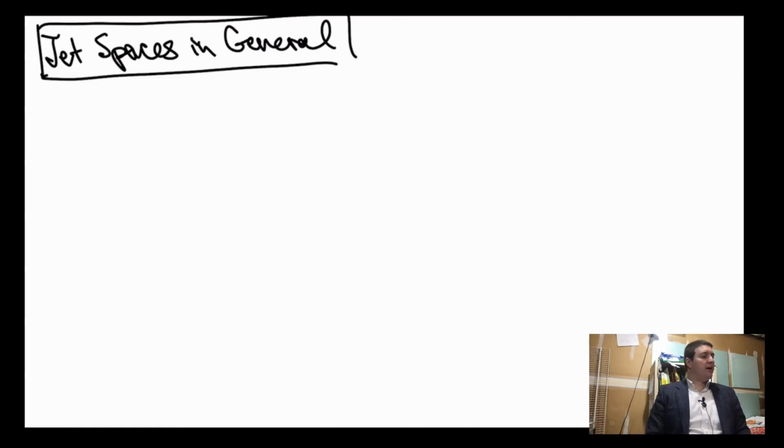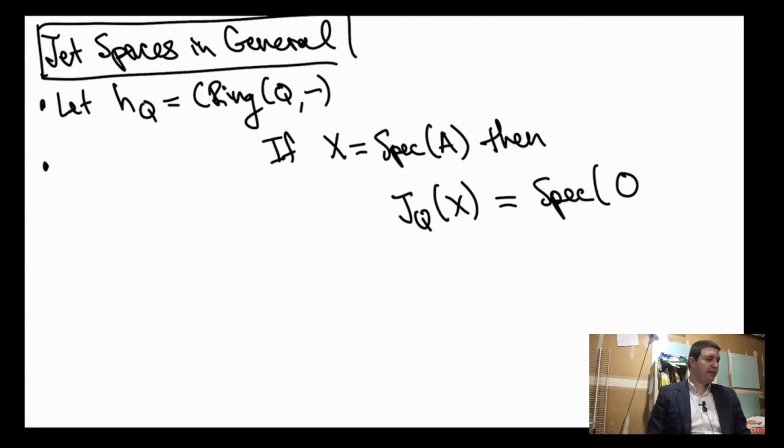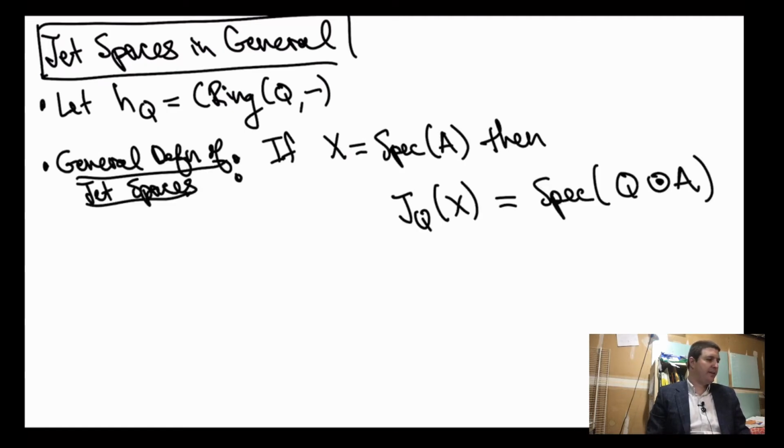Okay, so jet spaces in general. Now if I just take HQ to be the functor represented by Q, and this is what I said before, in the affine case the jet space is this Spec.